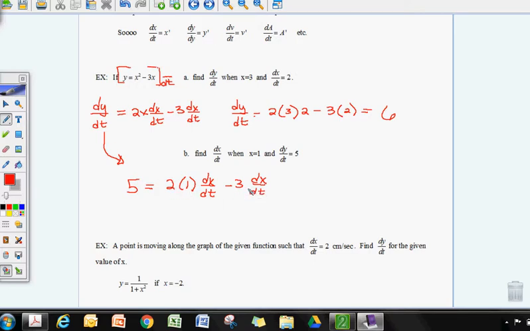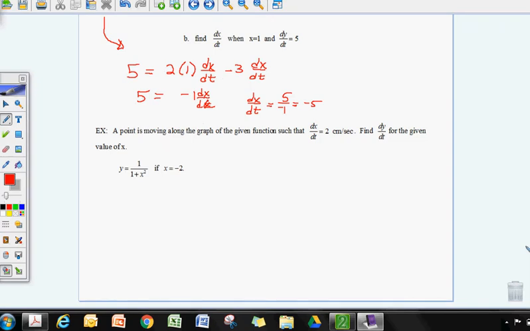So if I look at this, I have 2 dx/dt minus 3 dx/dt. So I have the equation 5 equals negative 1 dx/dt. So dx/dt is going to equal 5 divided by negative 1, or just negative 5. Okay, that was just a little warm-up, getting you thinking about this.